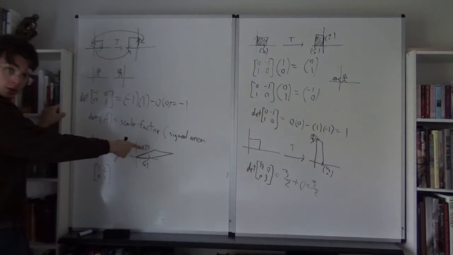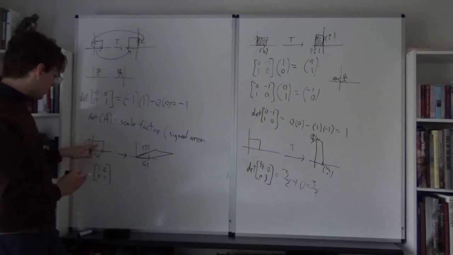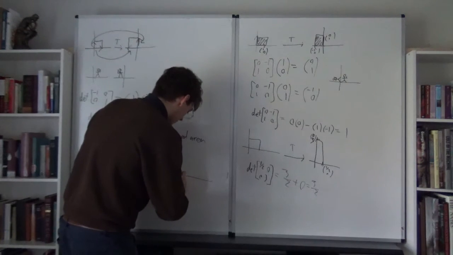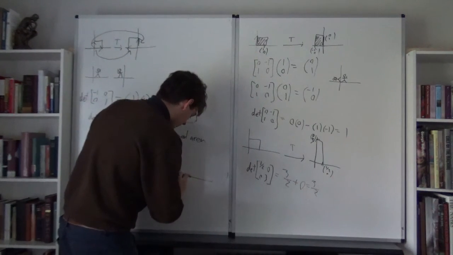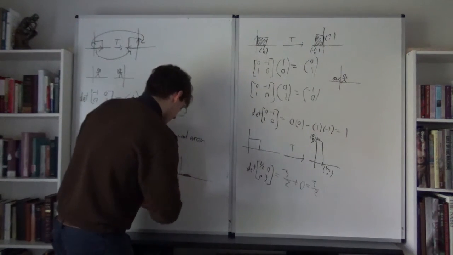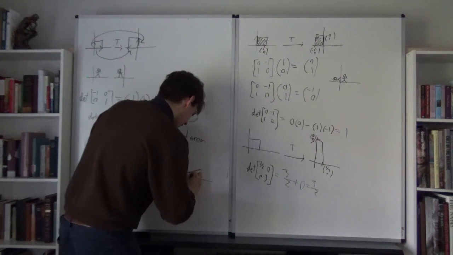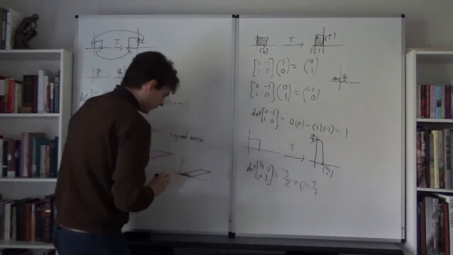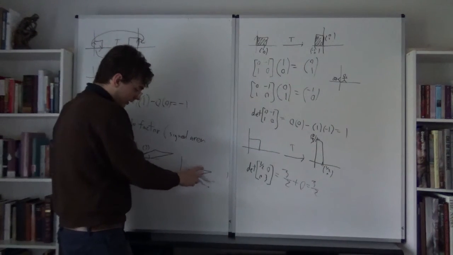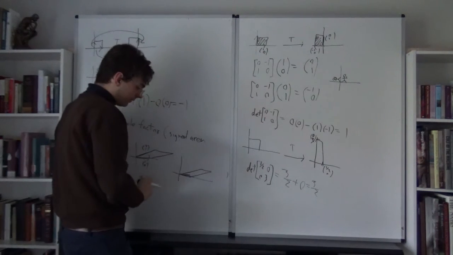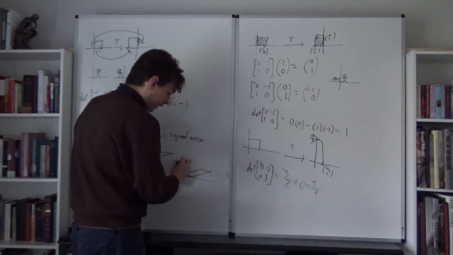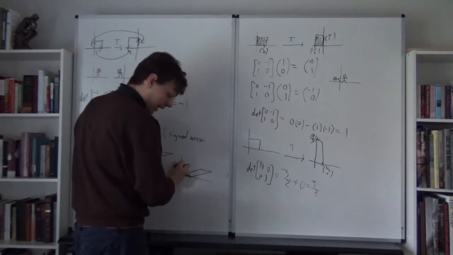Now one thing here you should notice is, okay, this guy is area 1 obviously. How much area does this guy have? Let me redraw this except a little more neatly. Okay, so base of 1. Let's write that out in a distorted way. So then goes out like that, and like that. Let's see. What's the area of a parallelogram? Because this is a parallelogram, right? The top and bottom are parallel, the sides are parallel. The area will be basically the height times the width of the bottom. Okay?